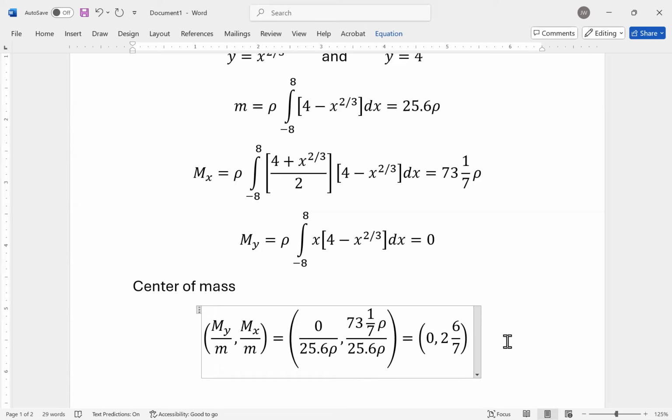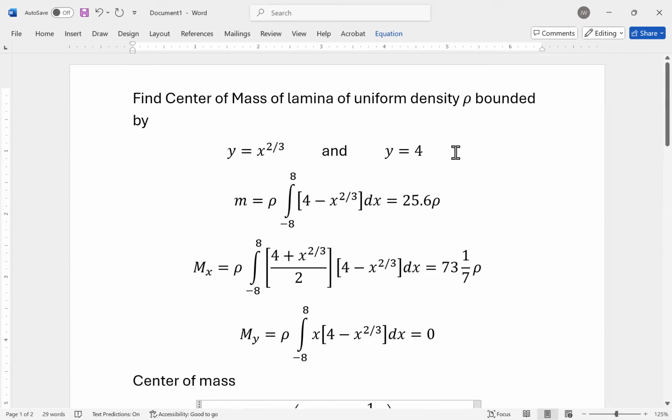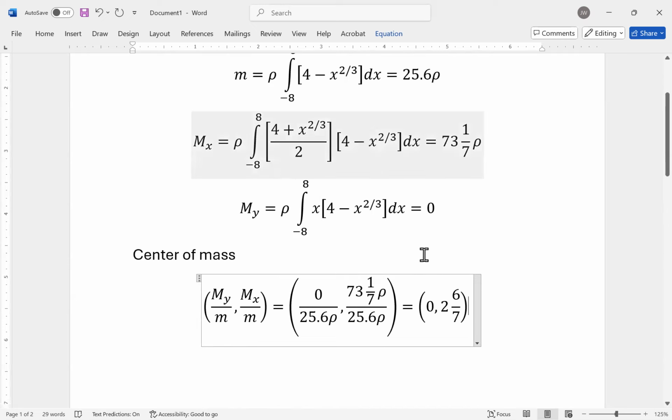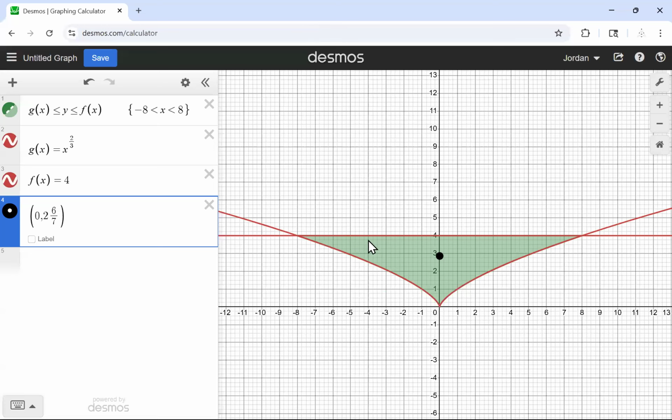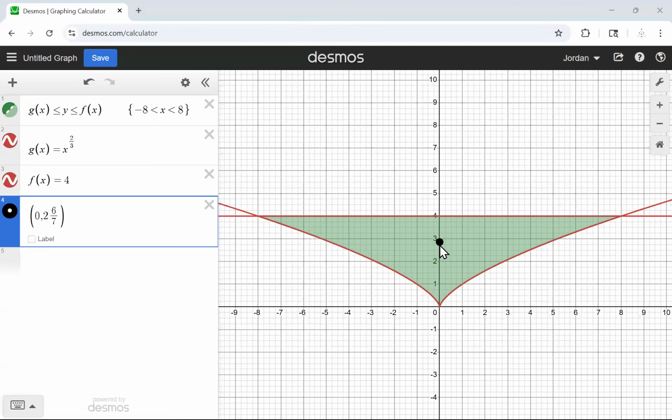Let's go ahead and graph that point and see if it makes sense. Hopefully all of this made sense. All of the integration made sense to give me my center of mass of that lamina of uniform density. And now let's go see if that looks correct. So I just graphed that point.